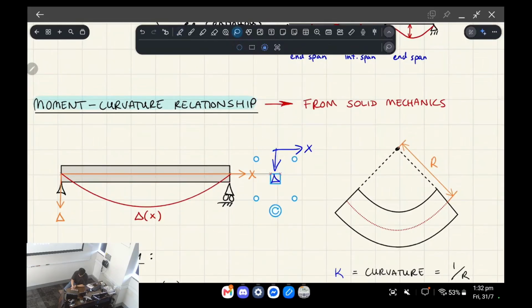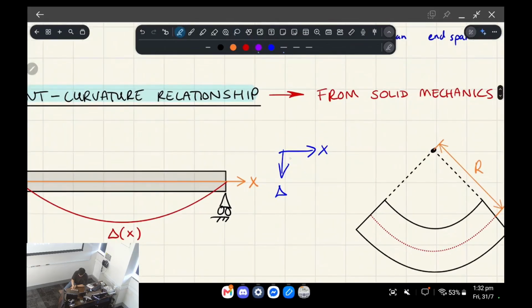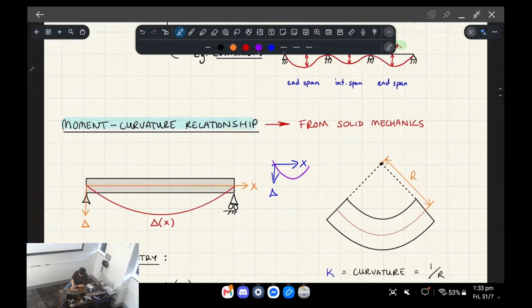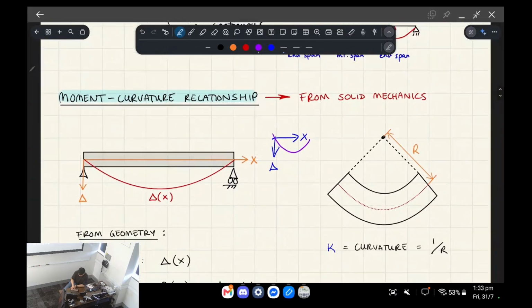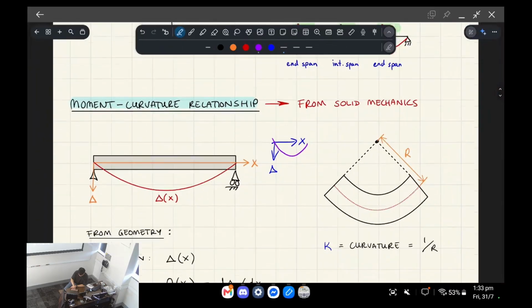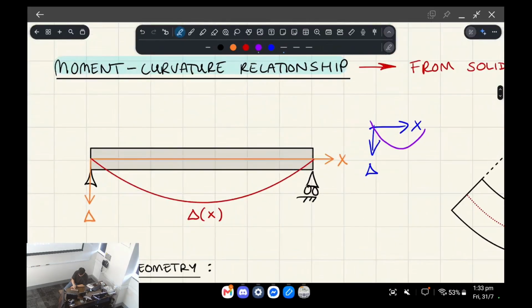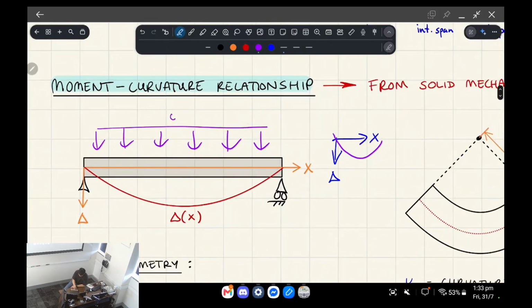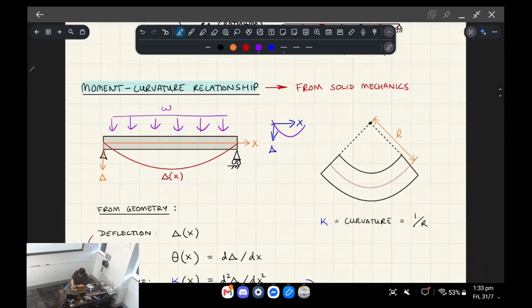So deflection is mapped downwards. We can get the parabola function for the deflected shape of a beam using this kind of logic that I'm about to explain. This is specifically for a uniformly distributed load. So you've got a UDL of w being applied on this beam.